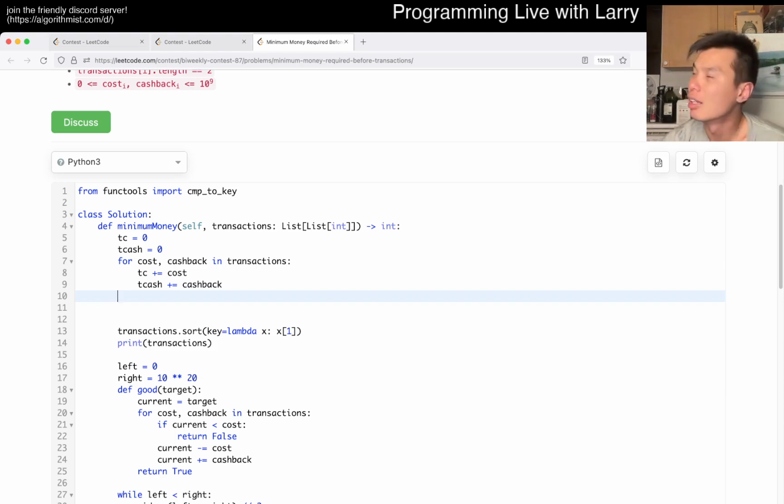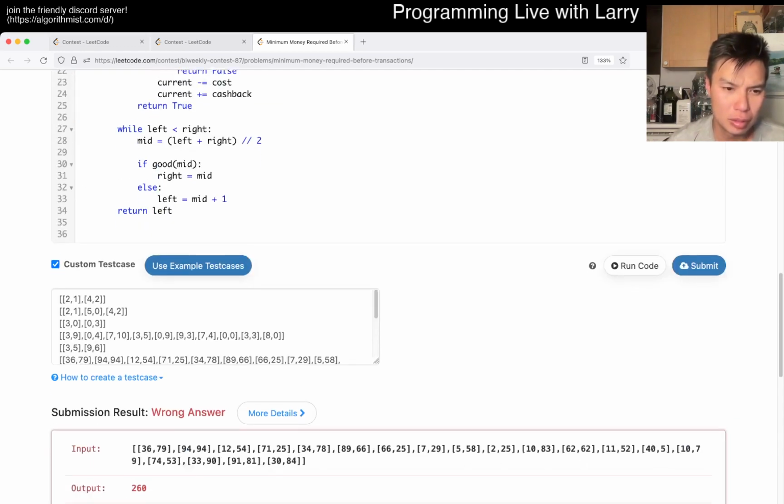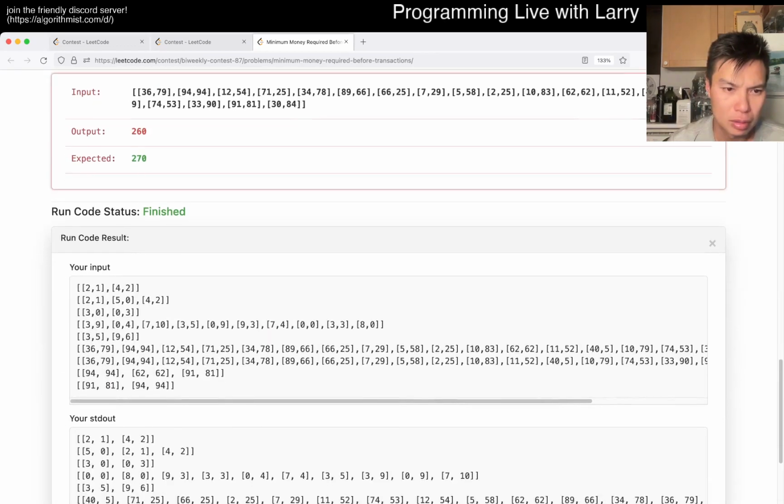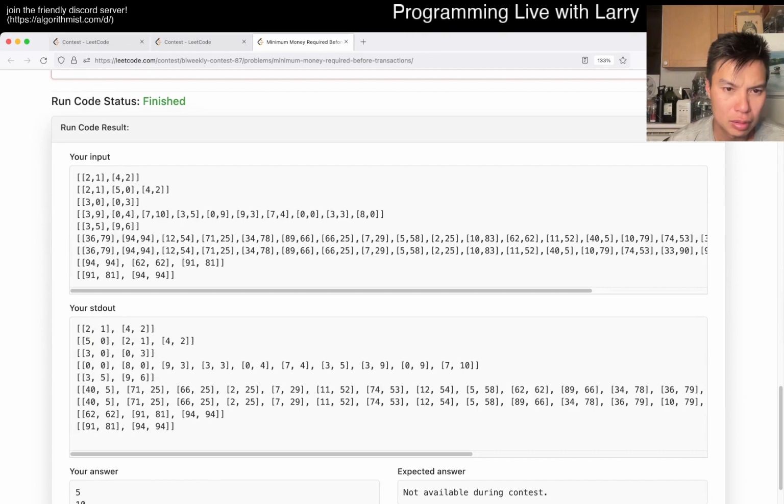Okay. Well, is it true that... no? Well, okay. So only one cashback doesn't matter. Maybe that's another observation. How do I use that observation, right?